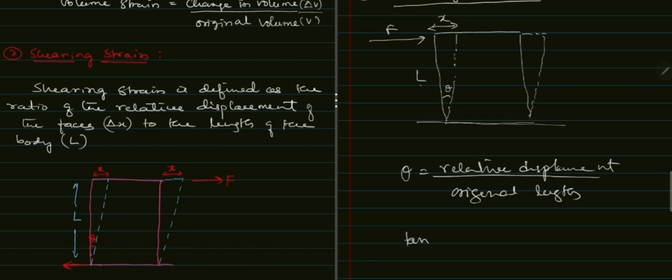So we will take the angle as tan theta, the relative displacement is delta x, and the original length is L. So the shearing strain we can define as tan theta equals delta x divided by L.